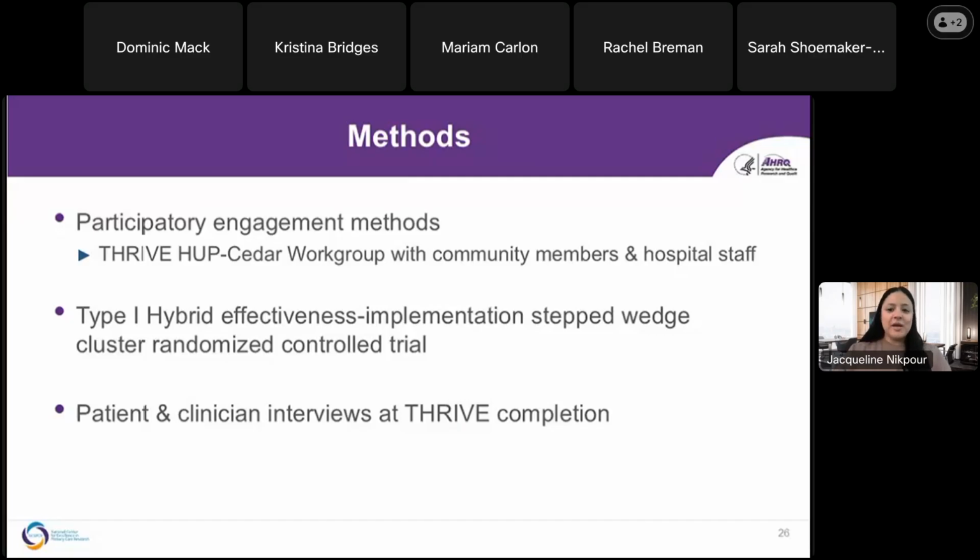So in addition to implementing the program itself at HUB-CEDAR, we've established ongoing working groups with hospital and home care staff, patients, and caregivers, along with beginning to interview patients once they complete Thrive to understand their experiences, particularly if they have a serious mental illness, and really get an understanding of whether this is meeting the full spectrum of all of your healthcare needs. And then as we continue to scale up and bring more patients into the program, we'll be conducting a type 1 hybrid step-wedged RCT. Next slide.